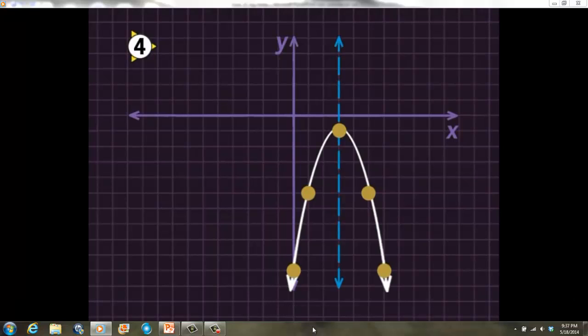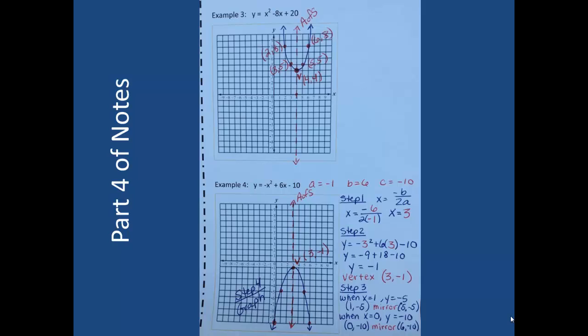Draw the parabola through the points (3, -1), (1, -5), (5, -5), (0, -10), and (6, -10). Once again, notice that they have drawn a nice smooth U-curve and not a V to represent this parabola. This is what the final page of your notes should look like when completed.